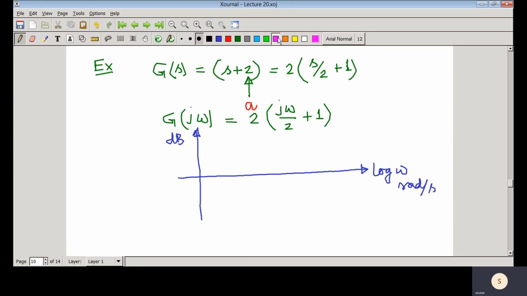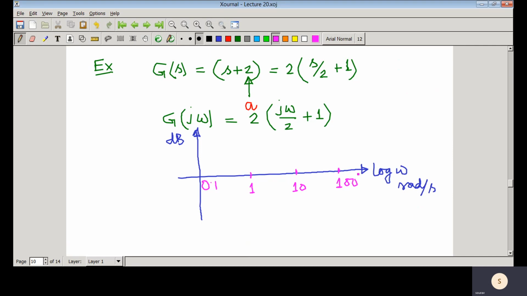The frequency, as it is in log scale, is 0.1, then 1, then 10, then 100, like that.